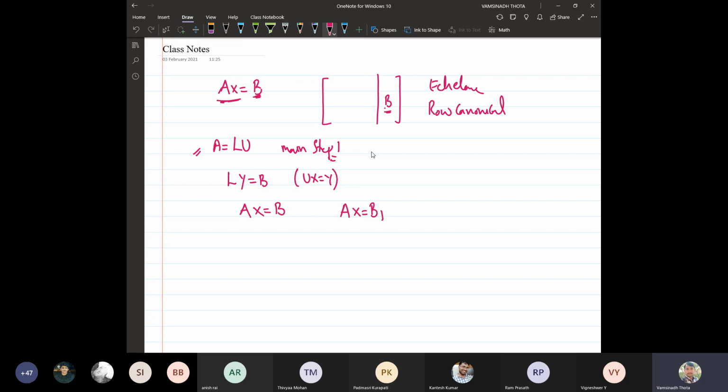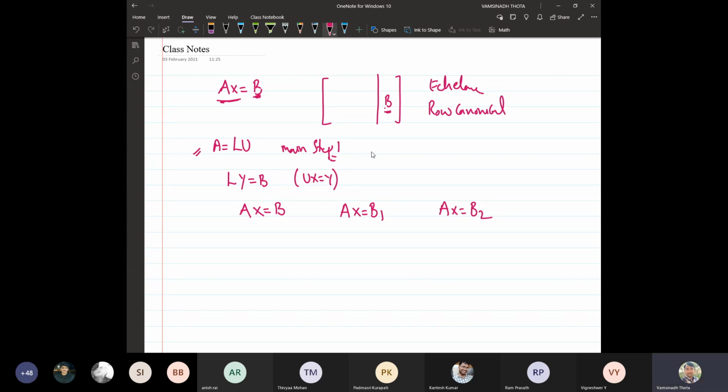Then what do you need to do? If earlier you used the echelon form or the row canonical form, then again you need to use it starting from the very first step, with the constant matrix B1. Suppose in the same problem you need to solve Ax = B2, another system where the coefficient matrix is the same but the constant matrix changes. Again you need to do the elimination from the very first step, replacing B with B2.